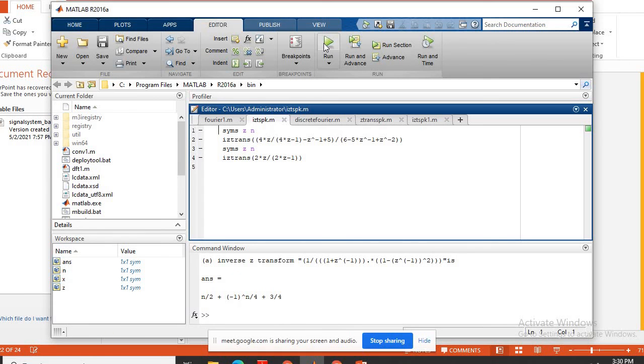This also will give you the answer. These are direct answers, 1/2 raised to n. See here, 2z divided by 2 into z minus 1, so that is z upon z minus 1, but it is divided by 2. So that way also it can show you.